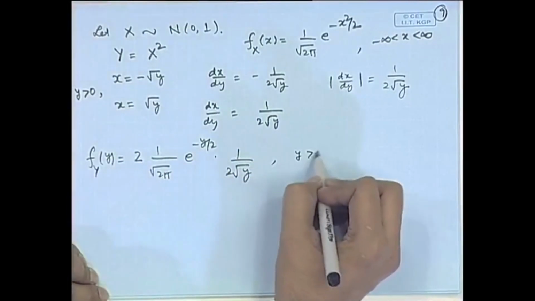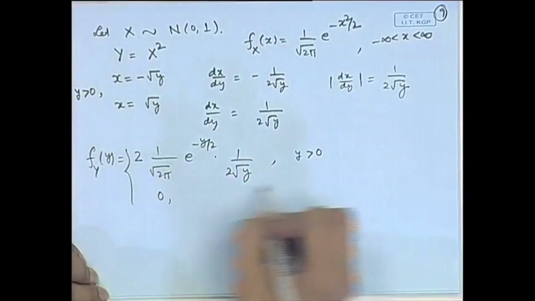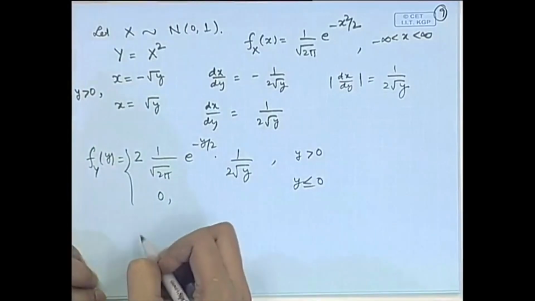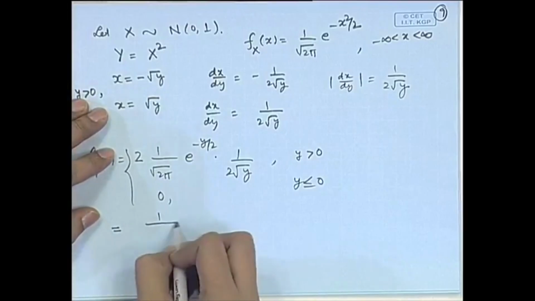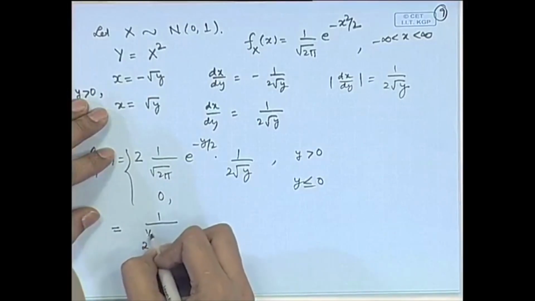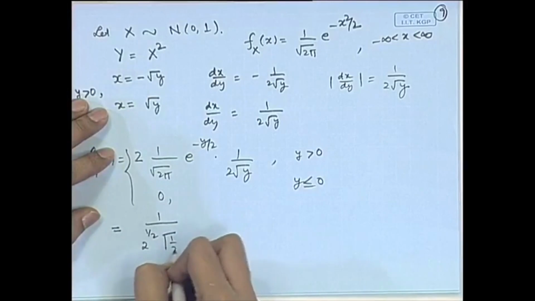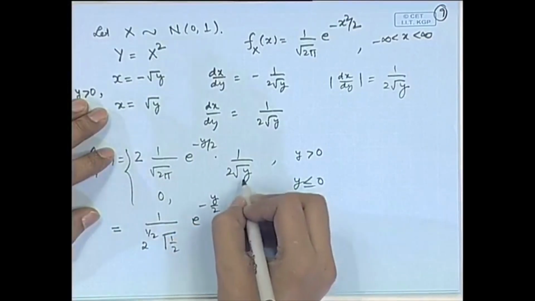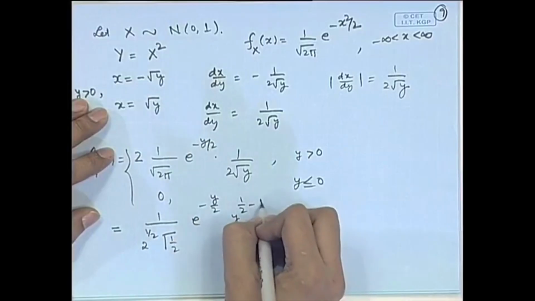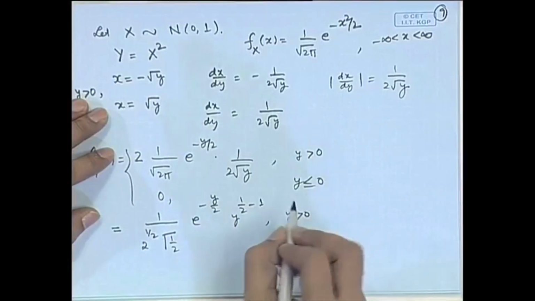This is for y positive and 0 for y less than or equal to 0. So, this is equal to 1 by 2 to the power half root pi, we can write as gamma half, e to the power minus y by 2, y to the power minus 1 by 2, which we can write as 1 by 2 minus 1 for y positive.